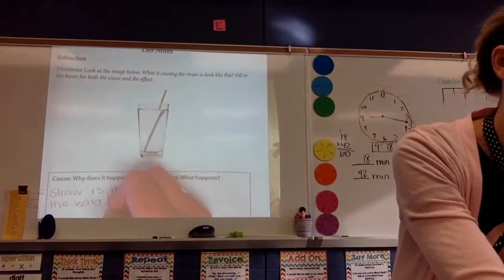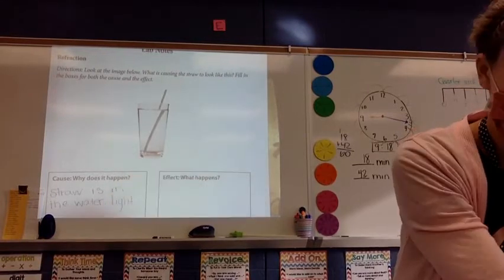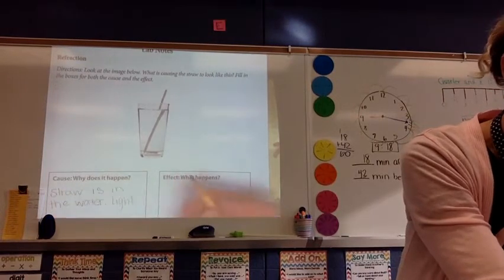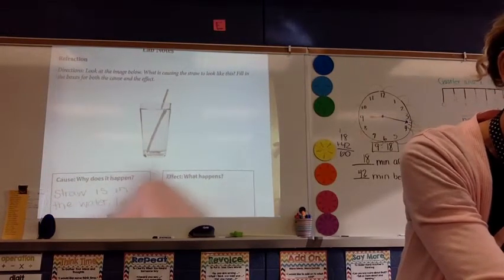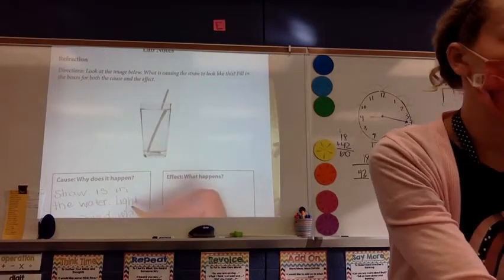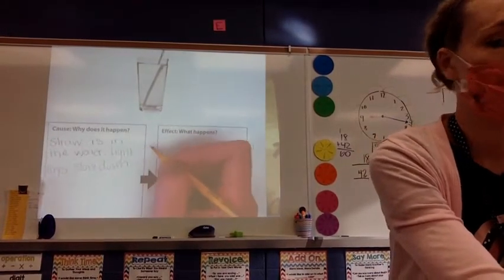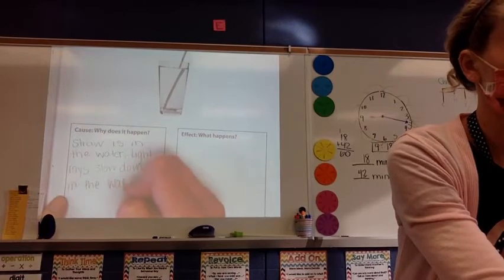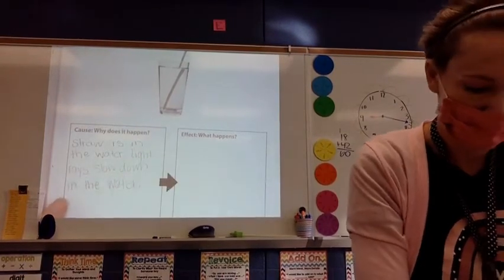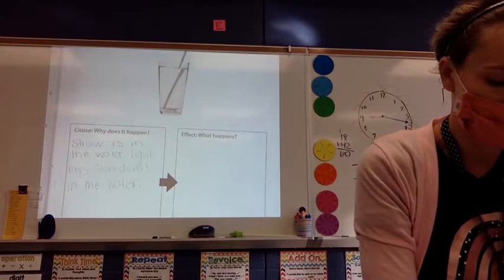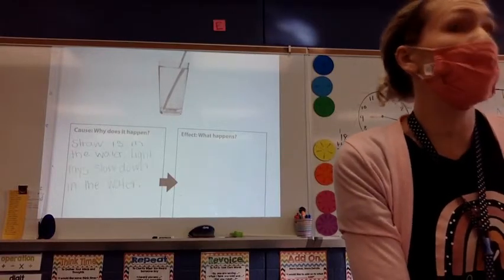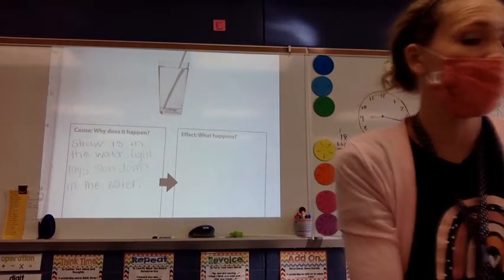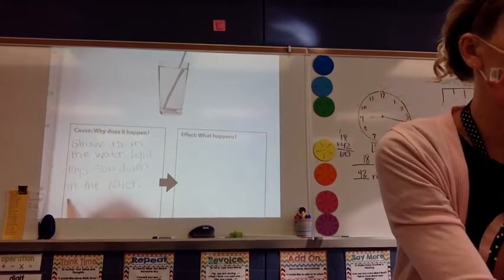Fabulous. You can add that as well. Light rays slow down in the water. And then it looks like the straw is what? It looks like the straw is split or in half. So you might want to include that too.